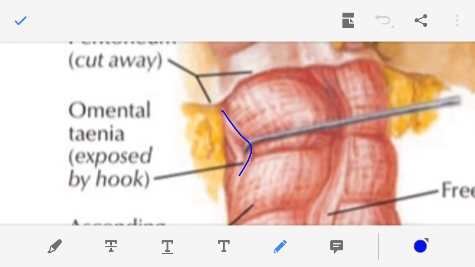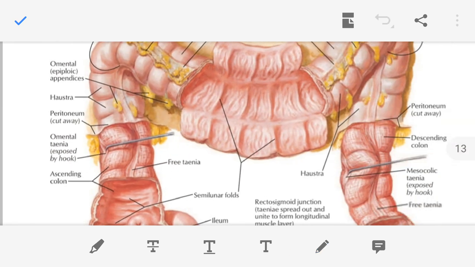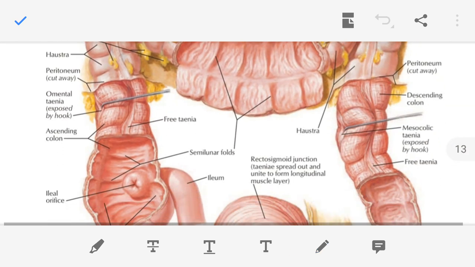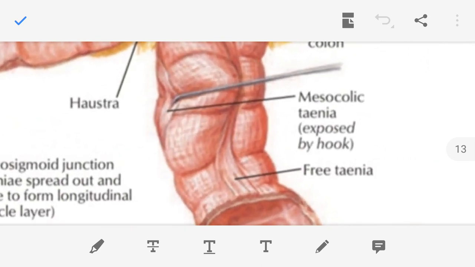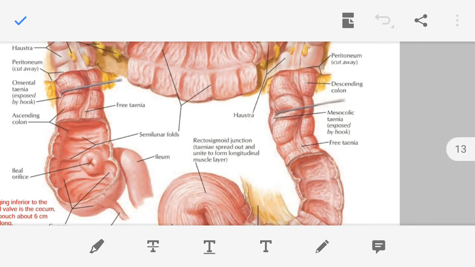Omental taenia. Then the third one, taenia mesocolica.